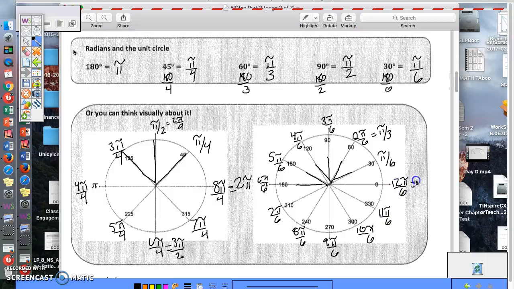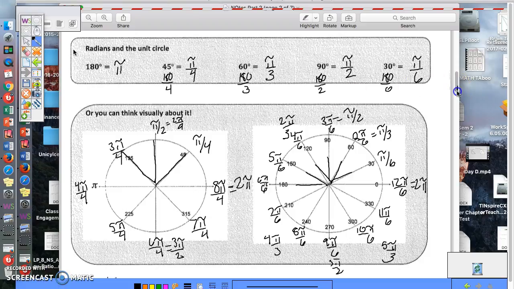And then we go back and we reduce some of these down. So we have 2 pi, pi over 2, 2 pi over 3, 4 pi over 3, this would be 3 pi over 2, 5 pi over 3.